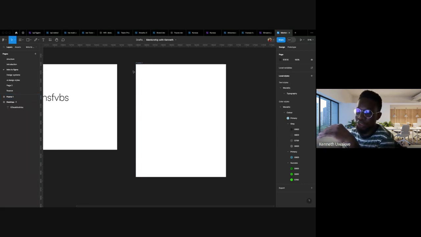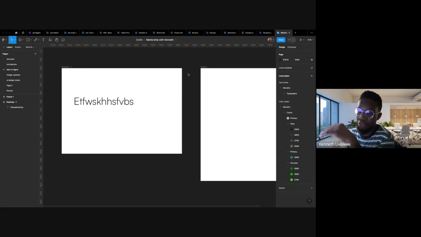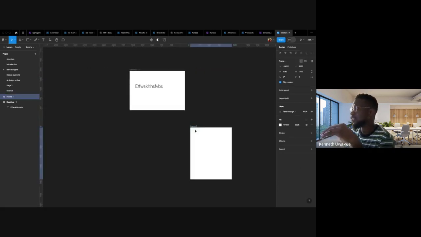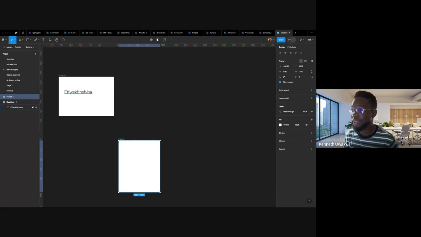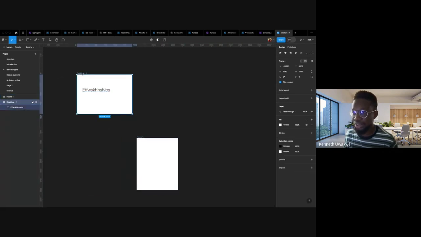I wanted to push that to a much later time, but I may do that now. Let's assume I want to design for a website. This size is my desktop size. Now I want to make sure I also design for what it looks like on mobile, on tablets, and on extended desktop.